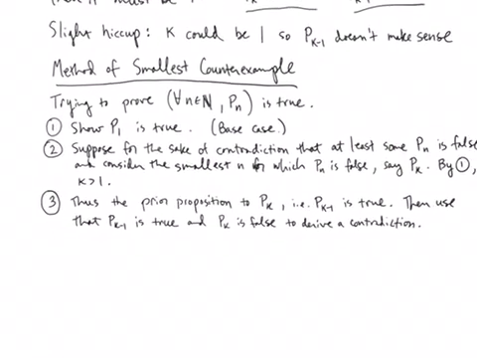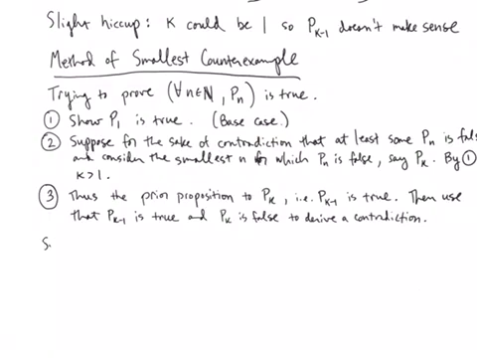So basically, in summary, you prove P sub 1, then assume that you have P sub k minus 1 and not P sub k for some k.